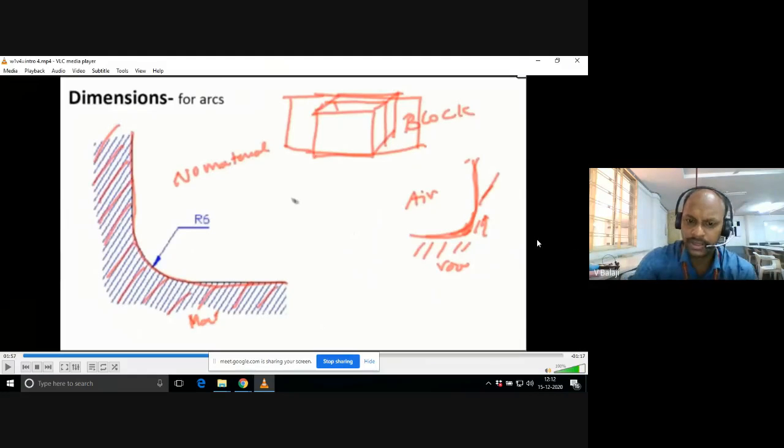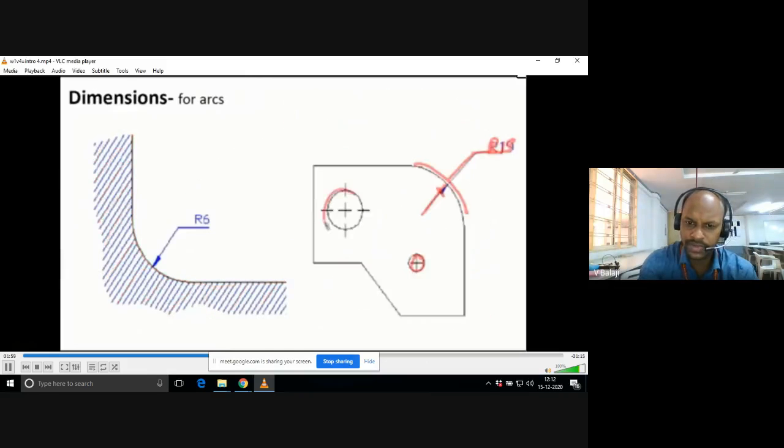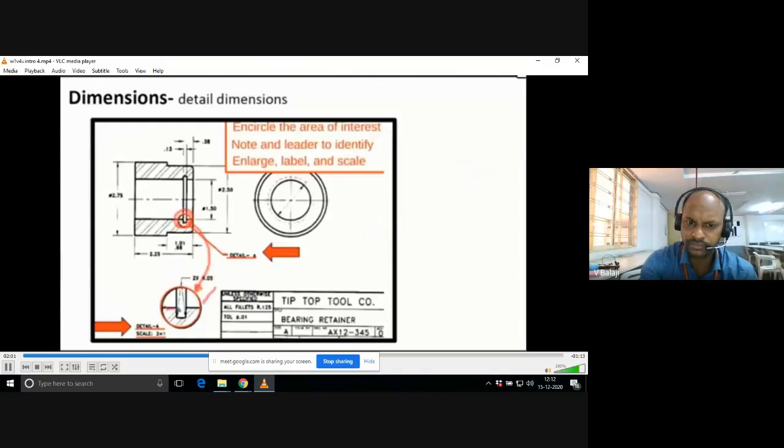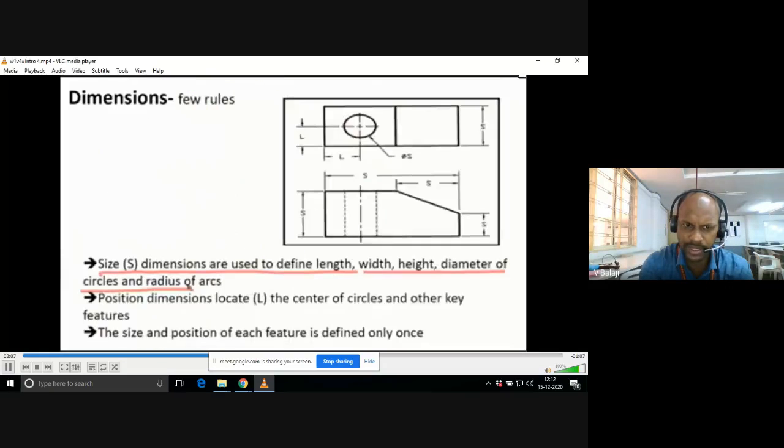That's the way you need to put the dimensions. There are special dimensionings also, but whenever they are required, we will discuss all those things.